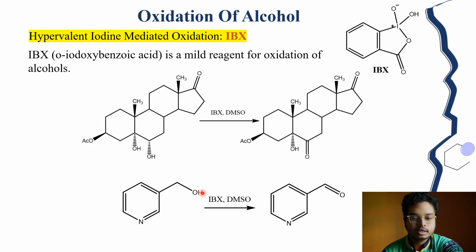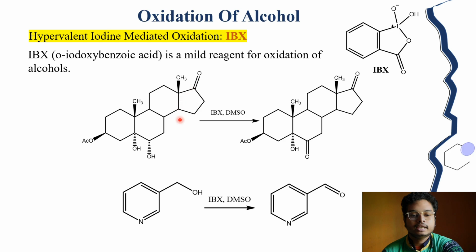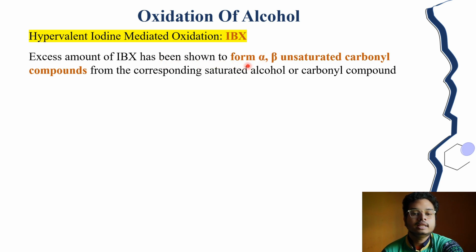Similarly, here there is a pyridine, and there is one OH, the primary one. In the presence of IBX and DMSO as the solvent, it will generate the corresponding aldehyde. Sometimes an excess amount of IBX will lead to formation of an alpha beta unsaturated carbonyl compound from the corresponding saturated alcohol or carbonyl compound.